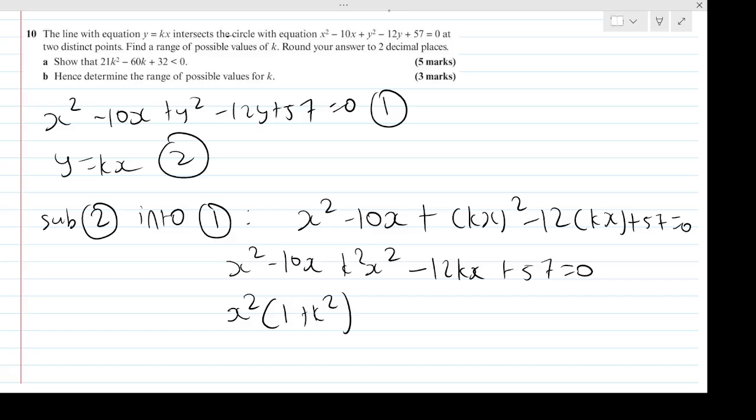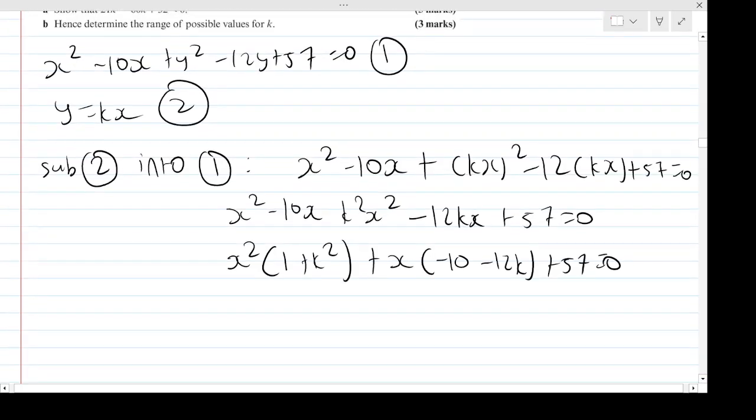Then for the x parts, I have plus x of minus 10 there, then minus 12k there. Then lastly, I have the number 57 equal to 0. So all I've done there is group the x squared terms together and group the x terms together, to make it a bit more clear that we've got a quadratic.